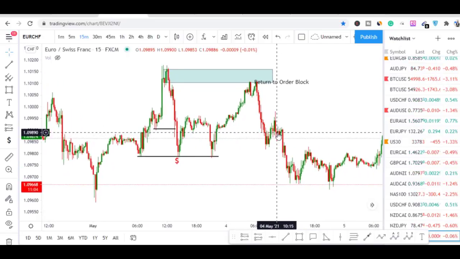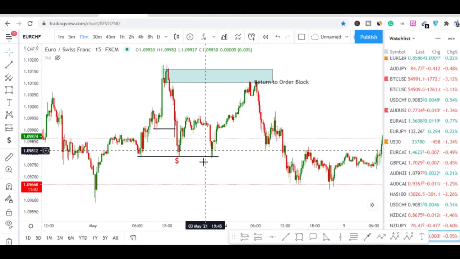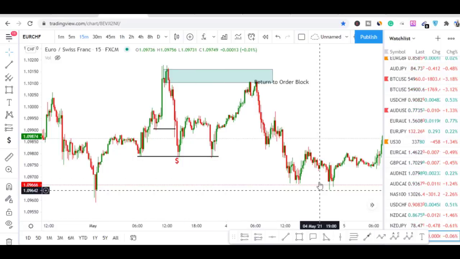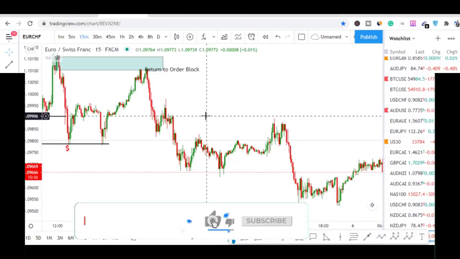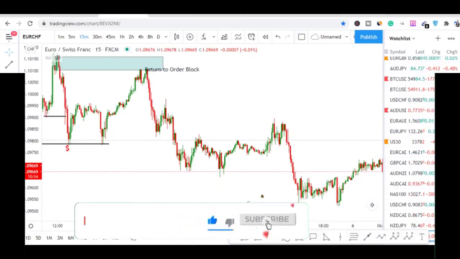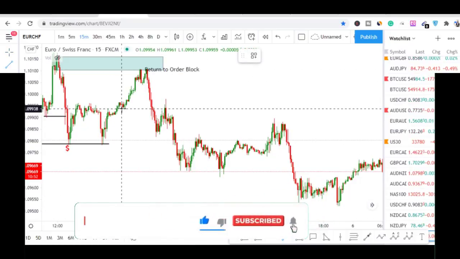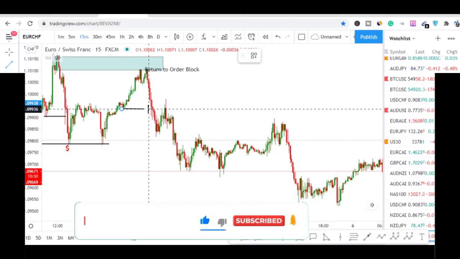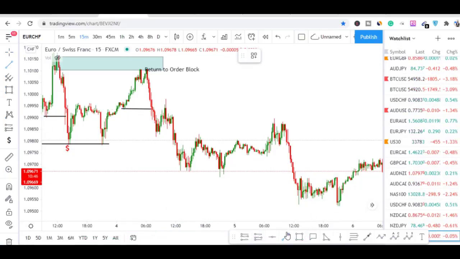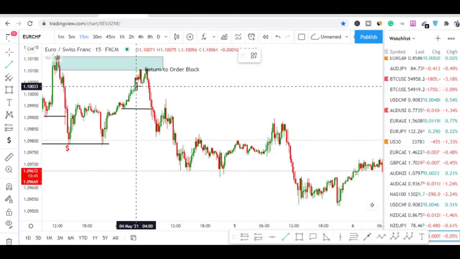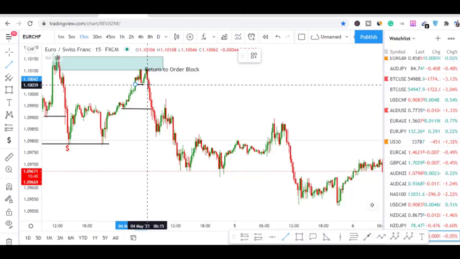Basically what this does is that it helps you to get into the trade the right way. As price rallied down, there was a little break here. You can see that there was a swing at that point, and there's another one right there.